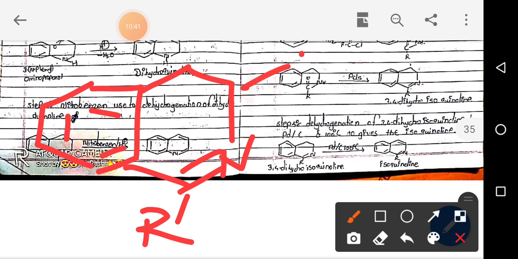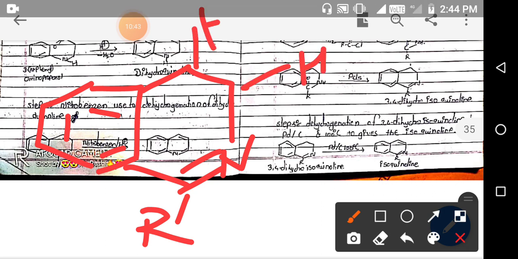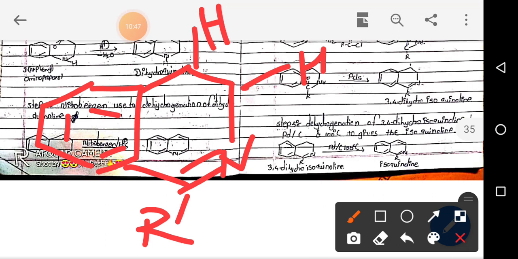Here is a hydrogen atom, and here is also a hydrogen atom. If we remove the hydrogen atoms from these two carbon atoms, then we can easily form the double bond here.